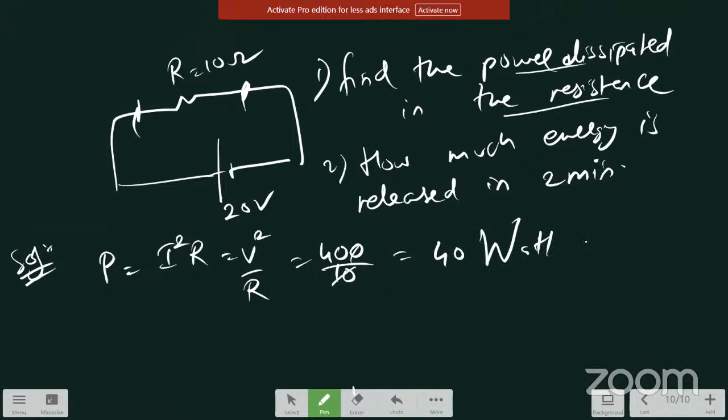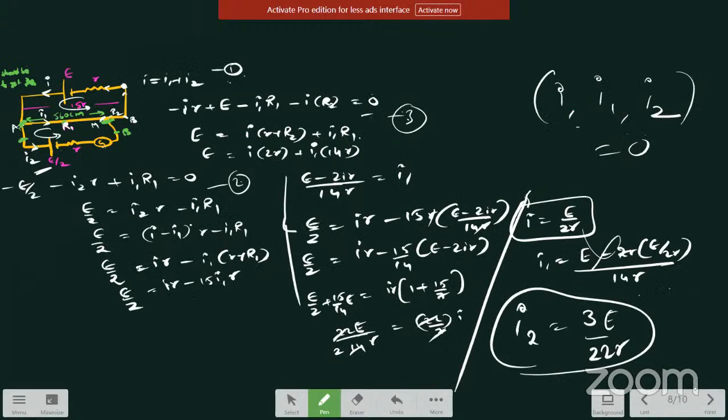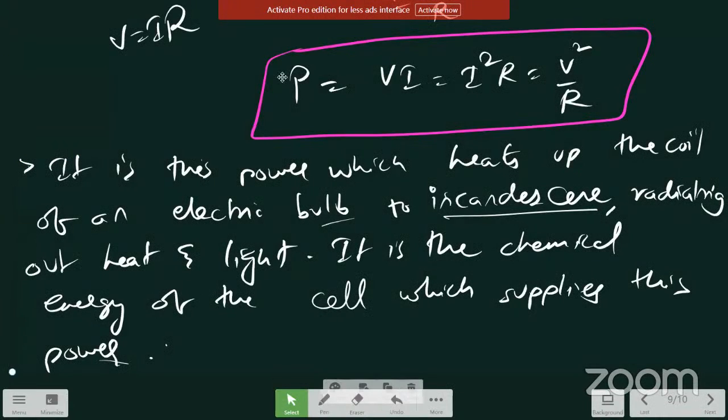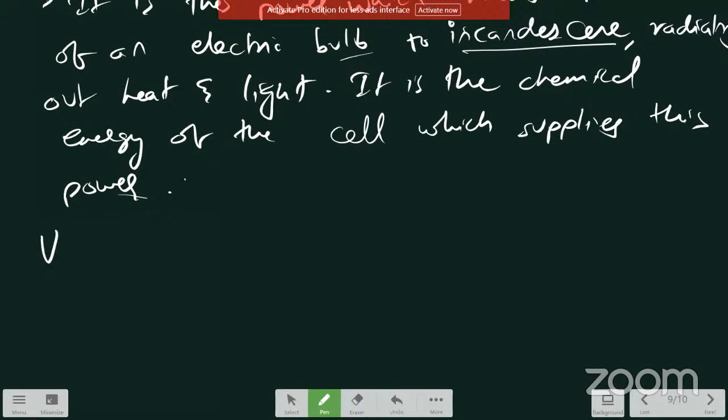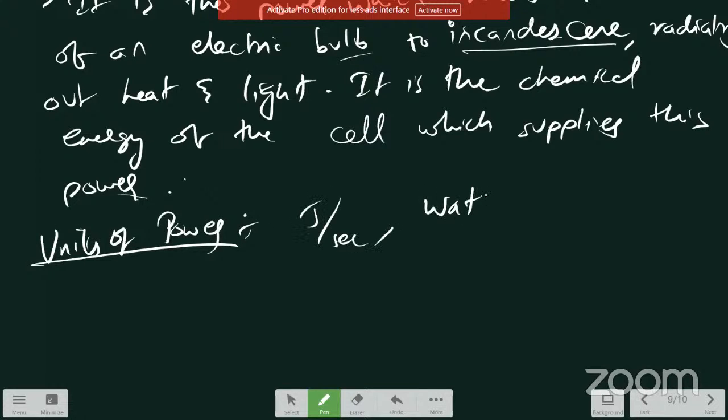I forgot to say that, though of course you know it. Units of power: joule per second or watt, and kilowatt.